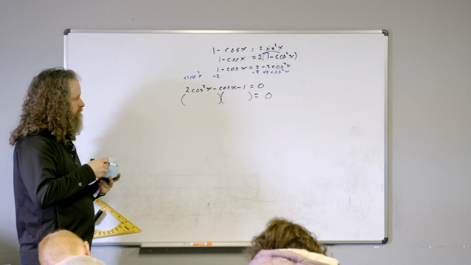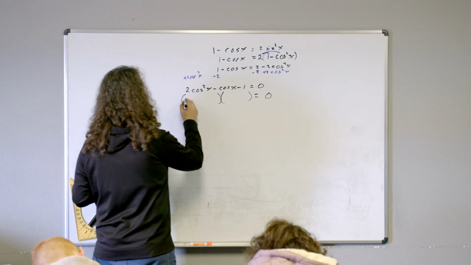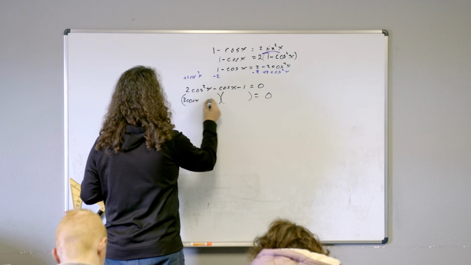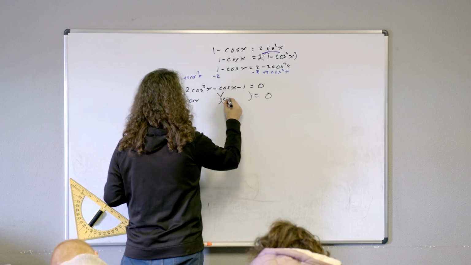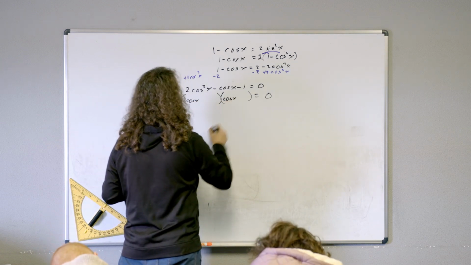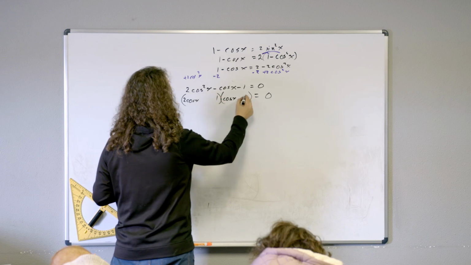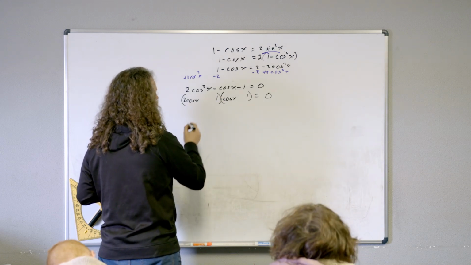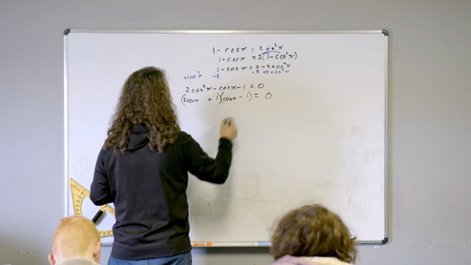It's 2 cosine x and cosine x, yeah. And a minus and a plus, 1 and 1. The way I wrote it, it would be a plus and a minus, right?